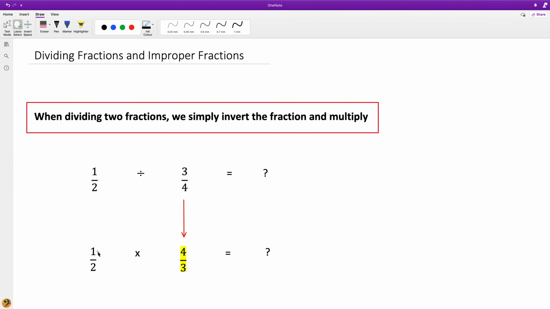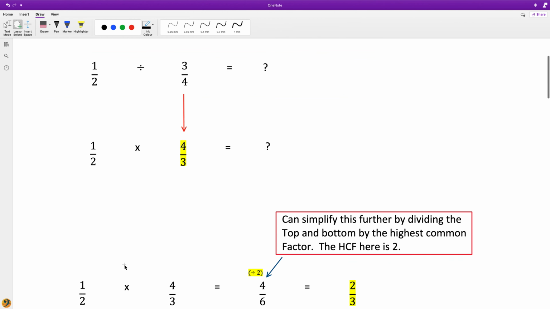When we multiply fractions, we multiply the numerators together, and we multiply the denominators together as well. We have done a comprehensive video on multiplying fractions. I'll leave that as a link in the description below, so you can check that out for some more info.